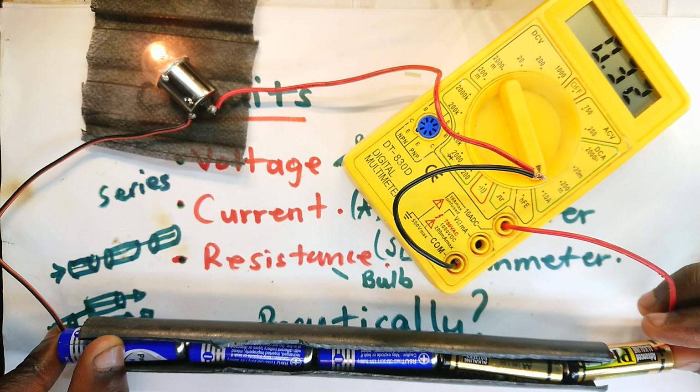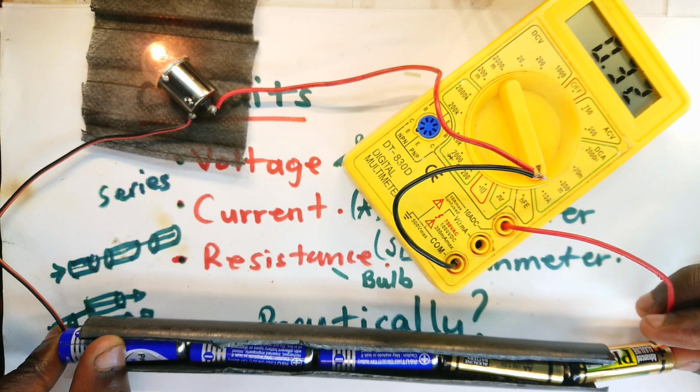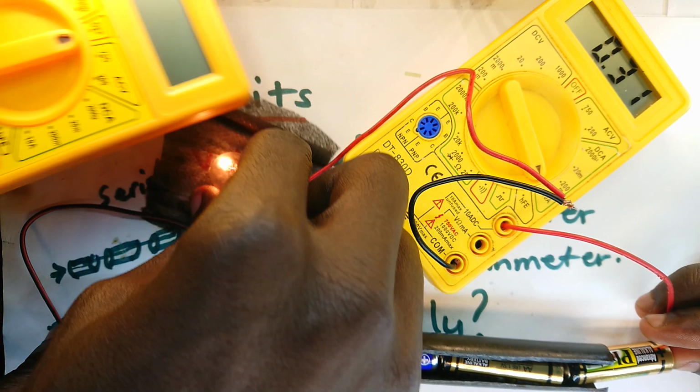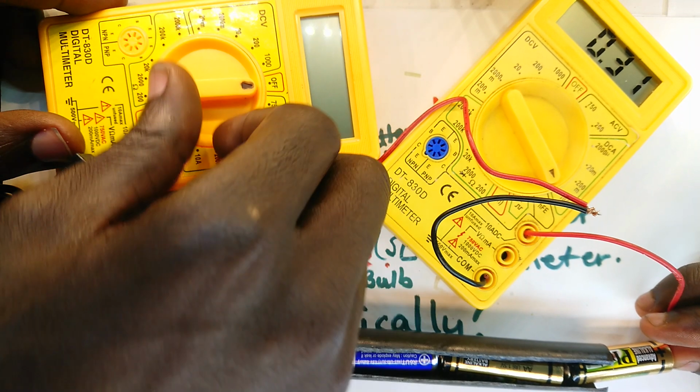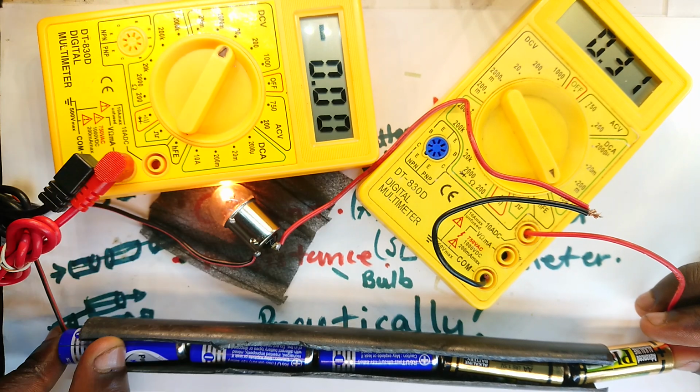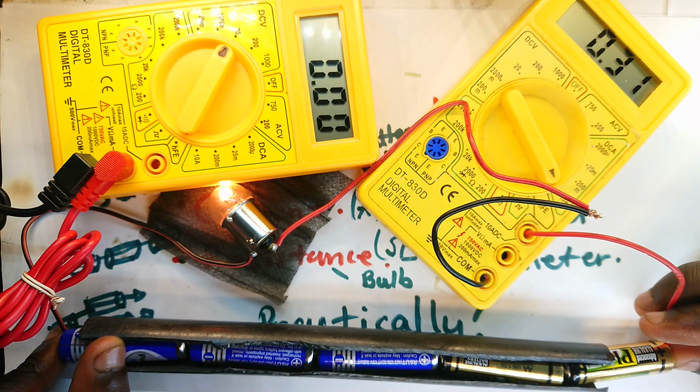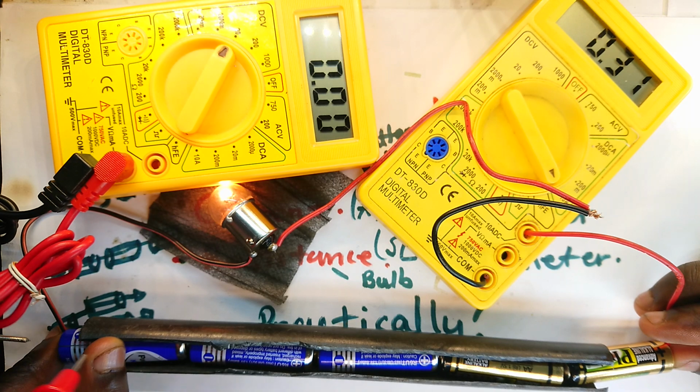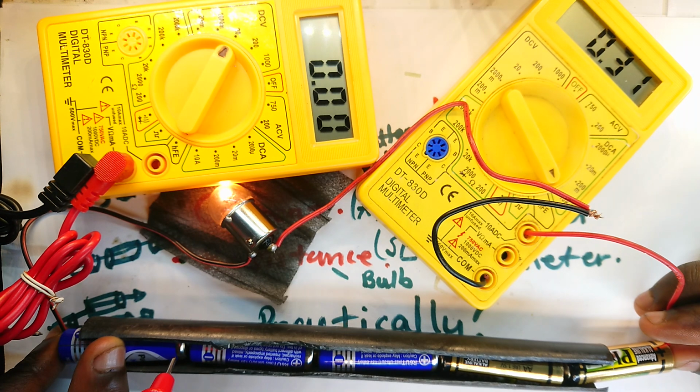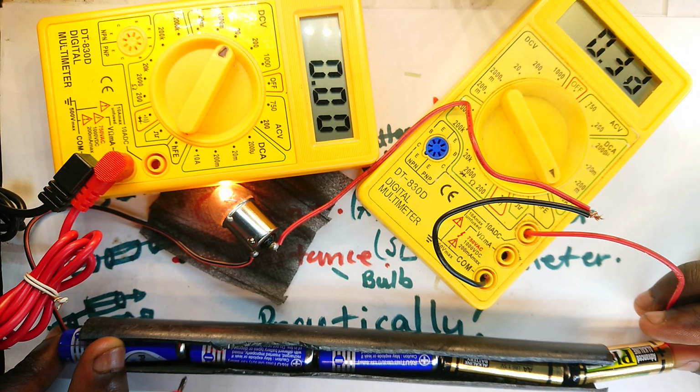Now as it is consuming that, I want to get the other voltmeter and take measurements of the voltage reading. Let me move this down there and then turn this to voltage reading and read the maximum of that. So I'm going to put this in parallel to this cell so that it gives me the reading of the voltage across only this cell.